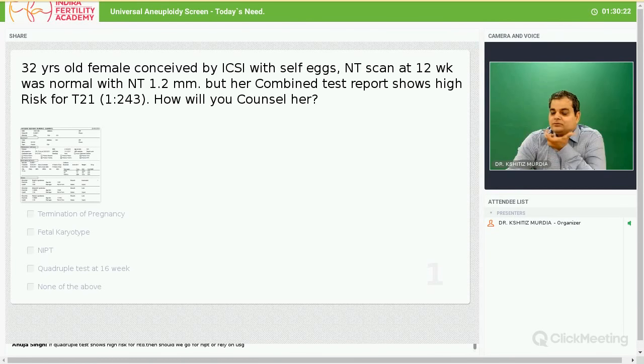I think none of them. I think all of you can enlarge the report and see.